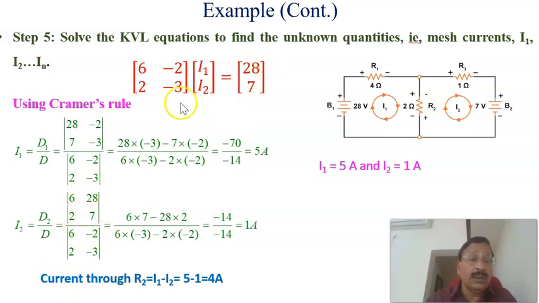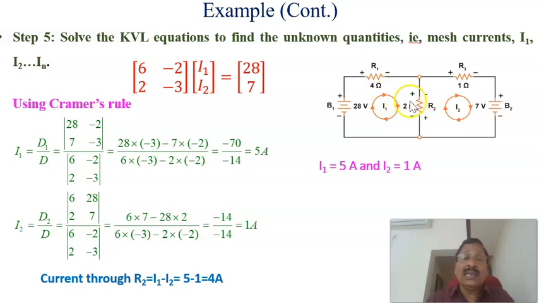Taking the determinant divided by D, the ratio is minus 14 by minus 14, equal to 1 ampere. Therefore, the mesh current I2 is 1 ampere and I1 is 5 amperes.